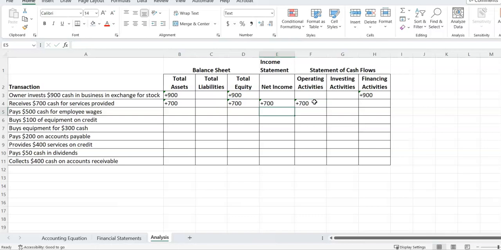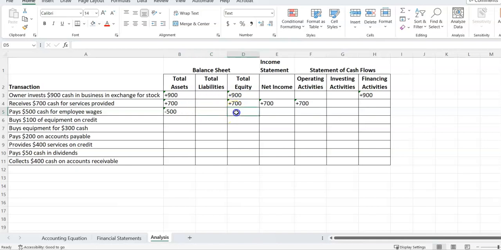Okay. Now we're going to pay $500 cash for employee wages. So we've reduced our asset cash by $500. Now you remember, if something happens to total assets, it also has to happen to liabilities or equity in an effort to maintain that balance equation. Well, remember where the income and expenses ends up in equity and retained earnings.